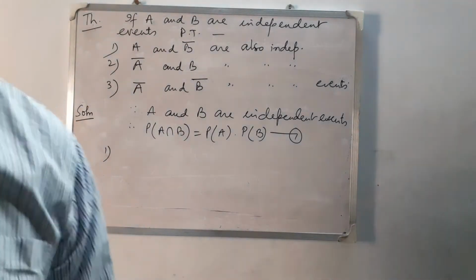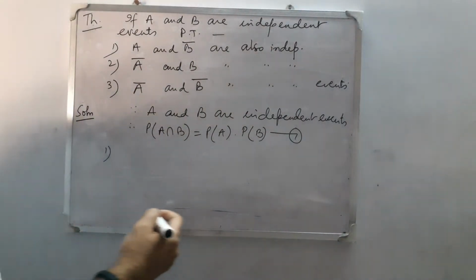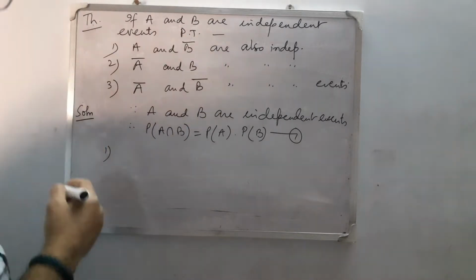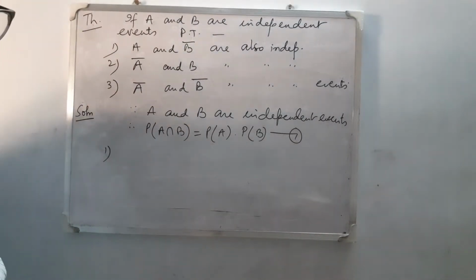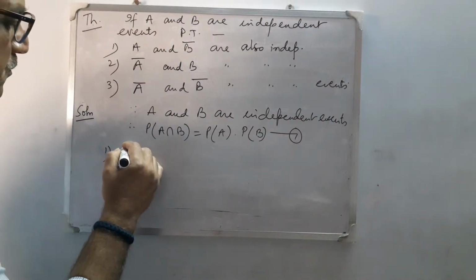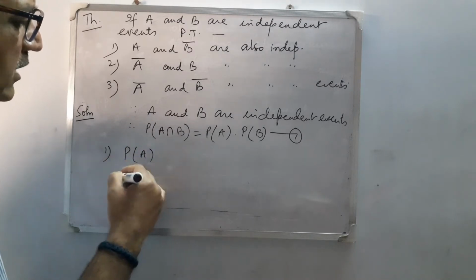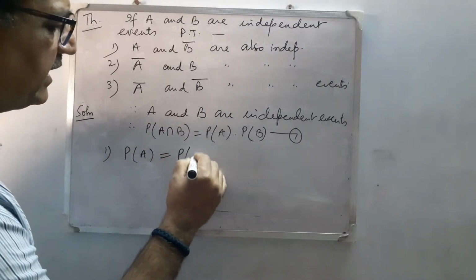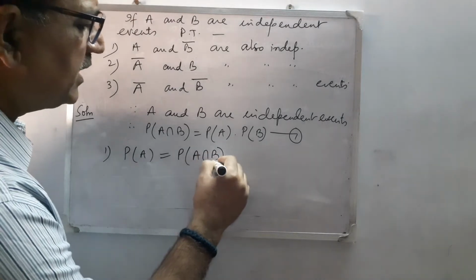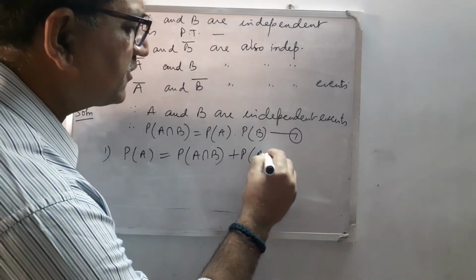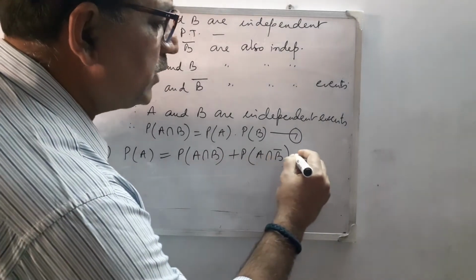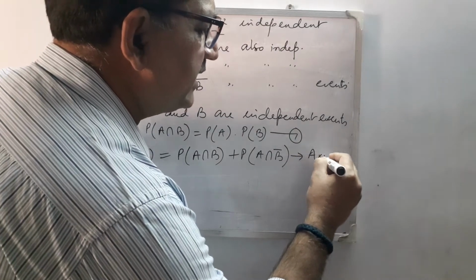Now in the previous video, we have discussed that A and B bar can be given by the axiom P(A) is equal to P(A intersection B) plus P(A intersection B bar). This one is the axiom of probability.